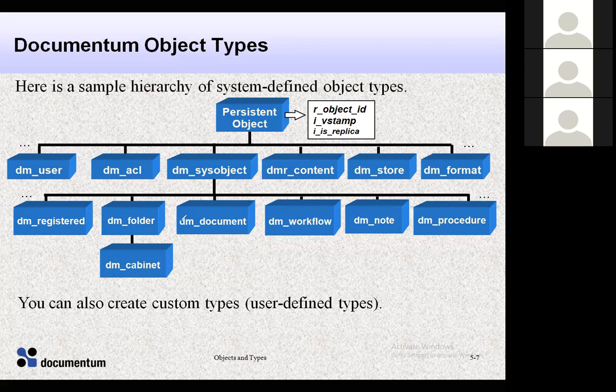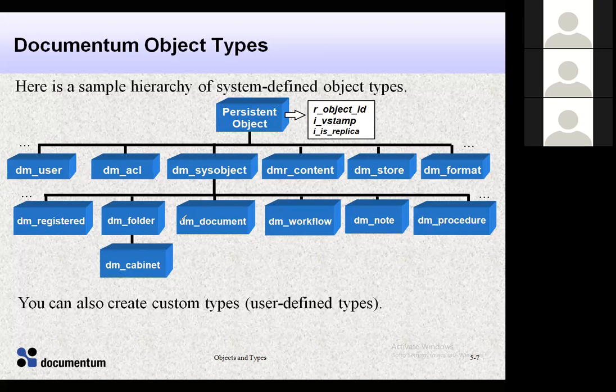But before that, we have the following: dm_user, dm_acl. These are the types, and these types have their own purpose, right? That's why Documentum has created the category, or you can say the type. So whatever the purpose of the object we have to create, we can create it of that particular type.